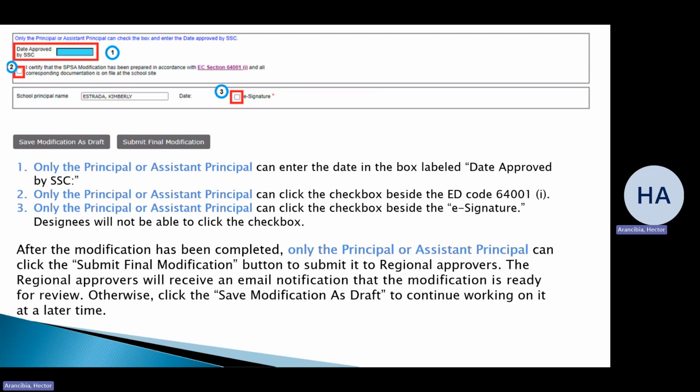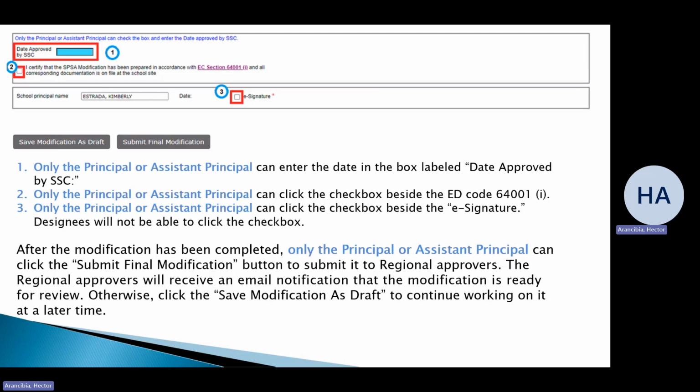A school Title I designee will not be able to complete those fields. Likewise, only the principal or AP can click the Submit Final Modification button to submit it to regional reviewers for approval. The regional reviewers will receive an email notification that the modification is ready for review.